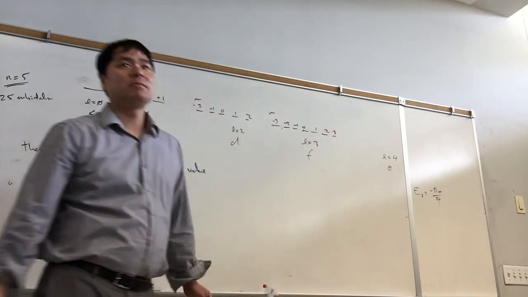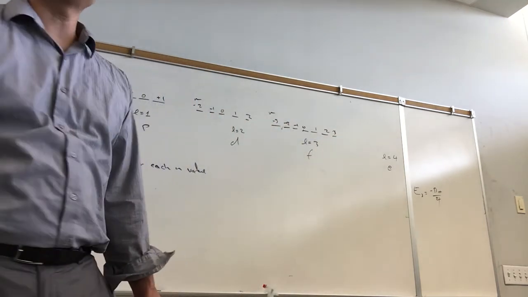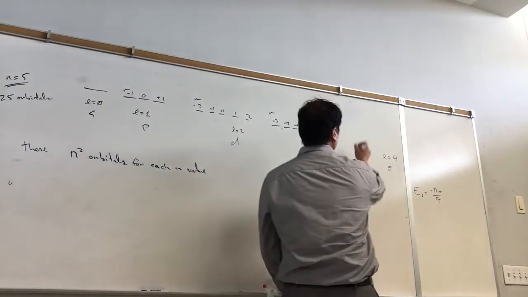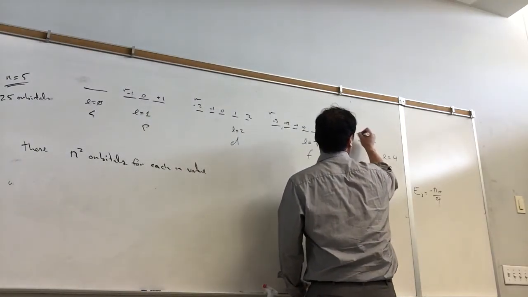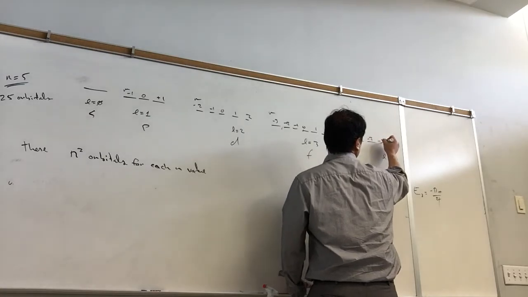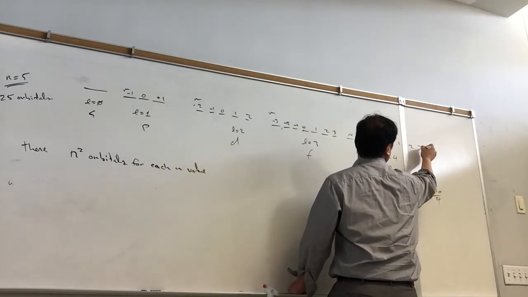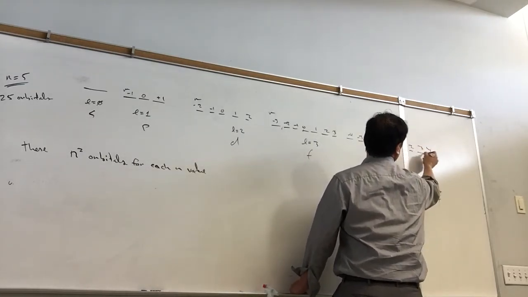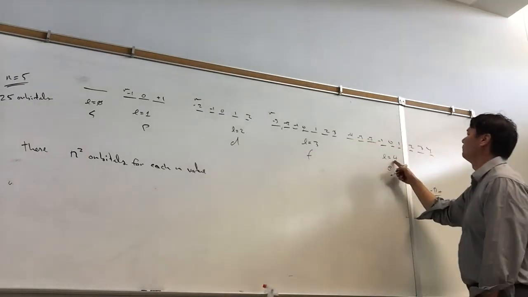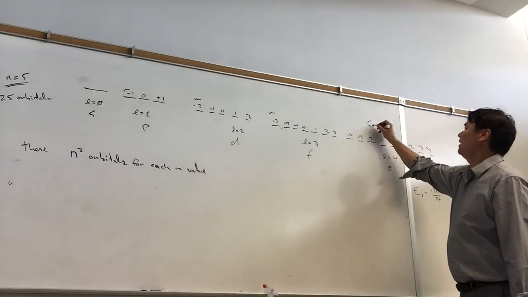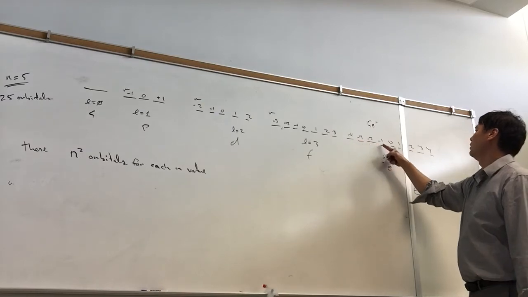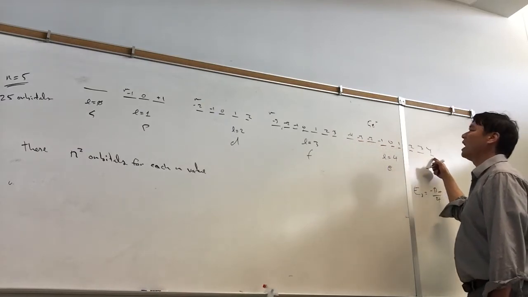And when L equals 4, my m values are going to be minus 4, minus 3, minus 2, minus 1, 0, 1, 2, 3, 4. And so how many orbitals are L equals 4? Well, in the 5g, there are 1, 2, 3, 4, 5, 6, 7, 8, 9.